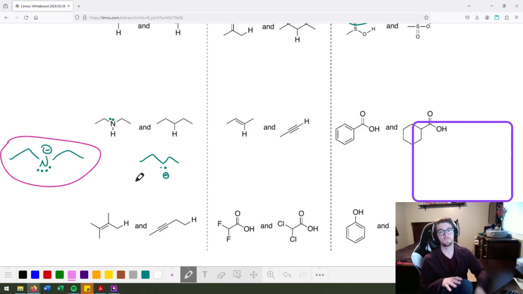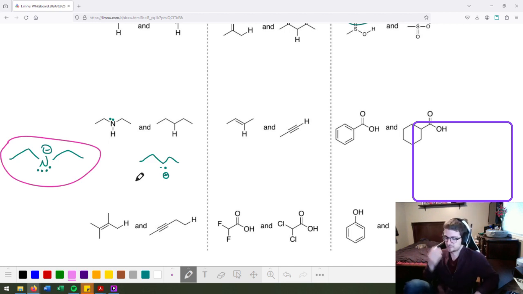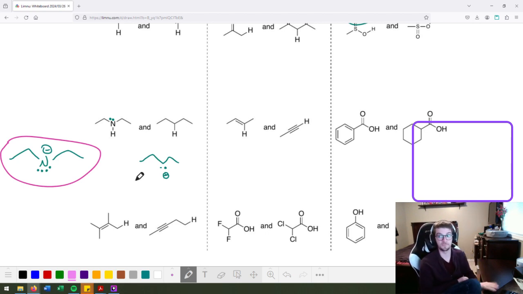So when we're talking about a negative charge and stabilizing it, I think we need to talk actually about what a negative charge is. That might seem a little basic, but that's where we're going to start. A neutral atom, because let's just start with an atom here, has an equal number of protons and electrons.